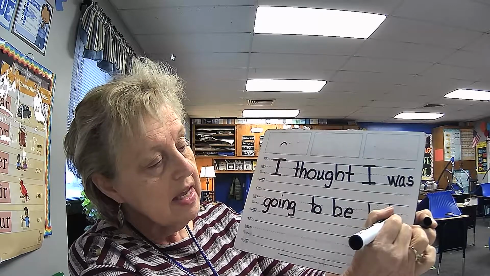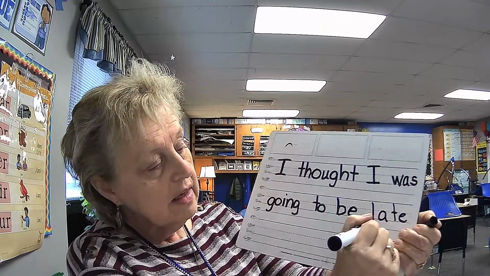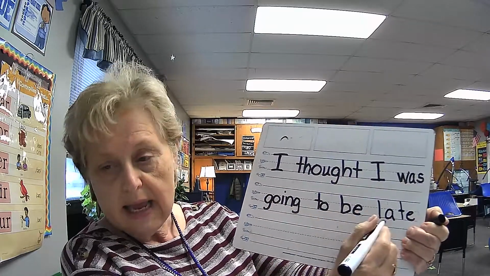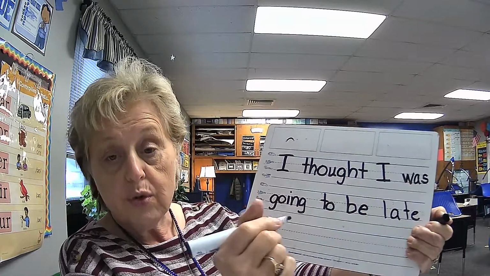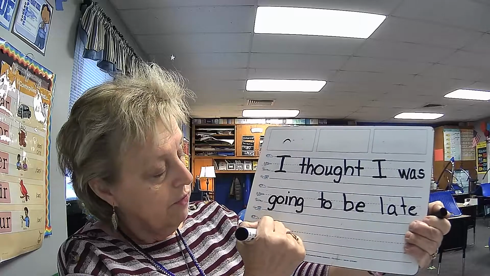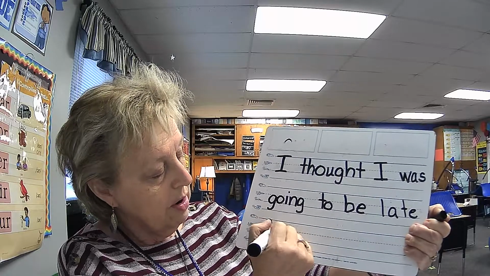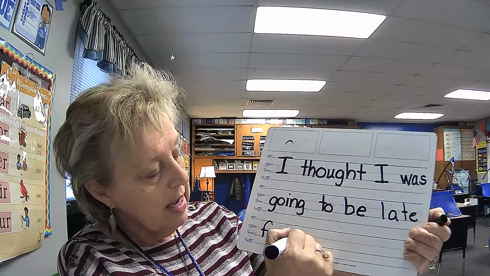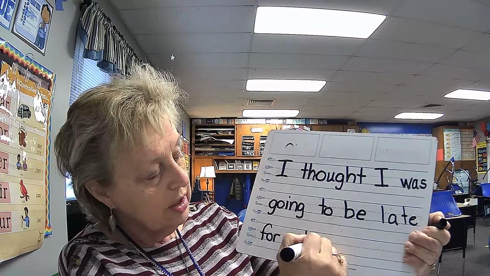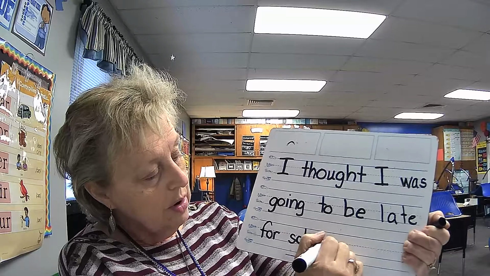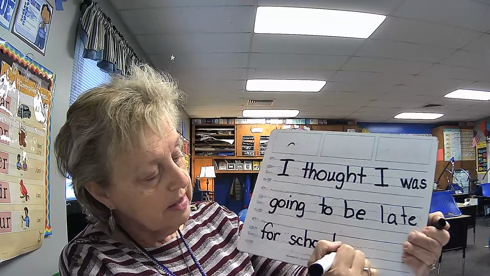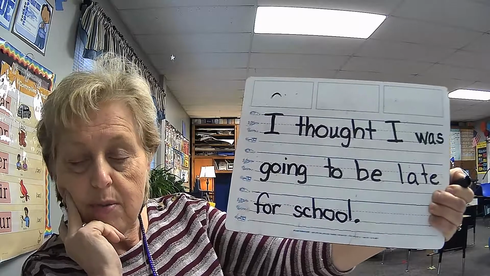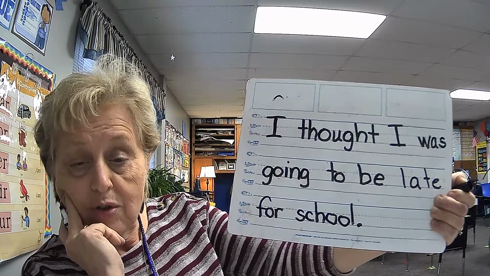Vowel consonant E, late. I thought I was going to be late for school. For, F-O-R, school. Oh, that's another trick word. S-C-H-O-O-L. We practiced that one. I thought I was going to be late for school.